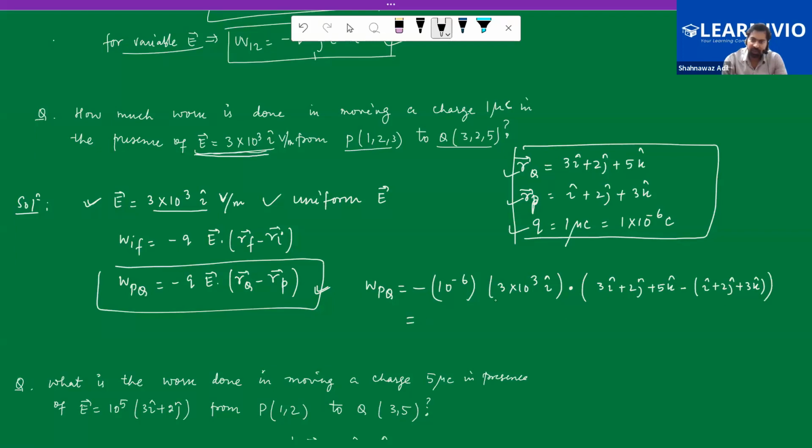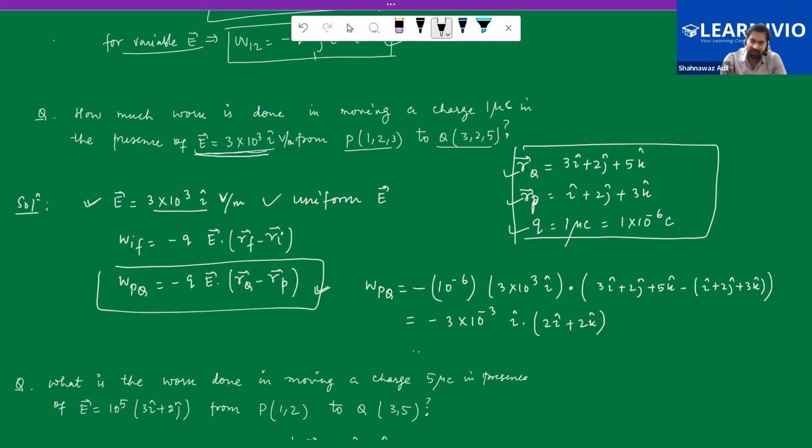So then this is how much? This is 3 and 10 to the power 3 and 10 to the power minus 6. So this is 10 to the power minus 3. I dot, and what is this vector? So 3I minus I, that is 2I. And then you have 2J minus 2J, so that is 0. And then 5K minus 3K, so that is 2K. So that is the answer, right?